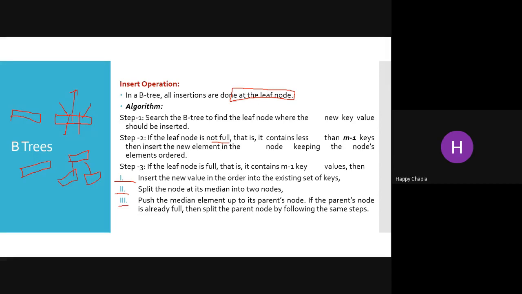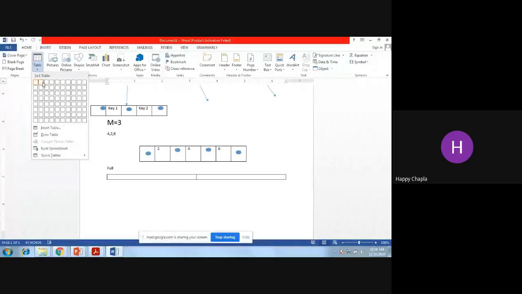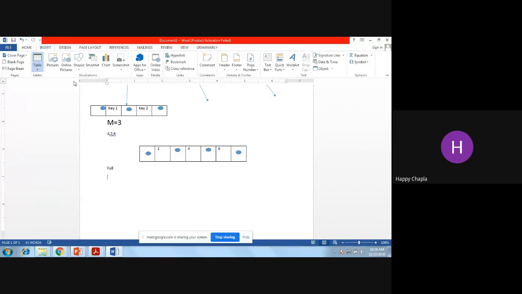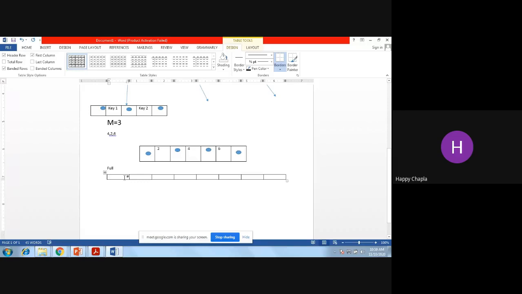Let me share that screen. Here, this is key value 21, this is my pointer, this is key value 27, this is pointer.